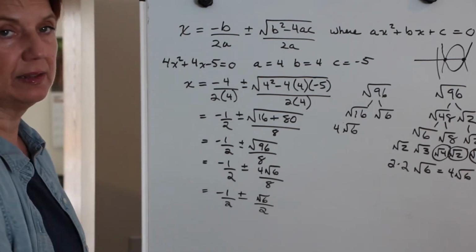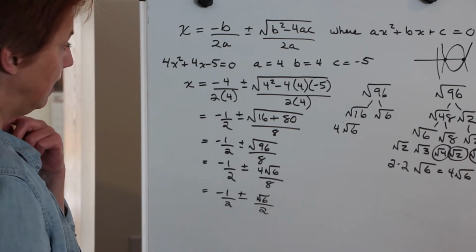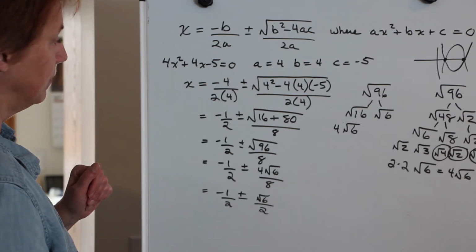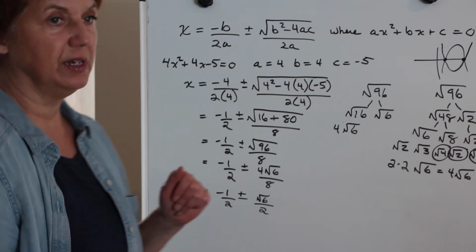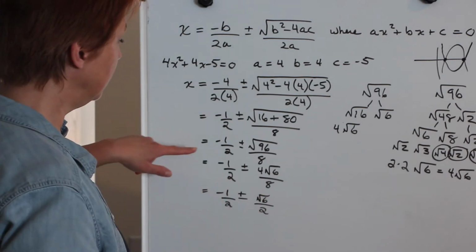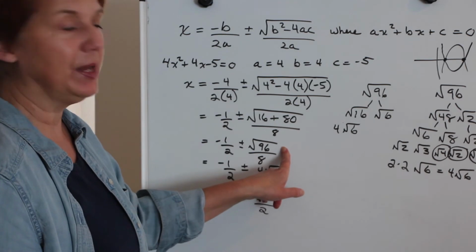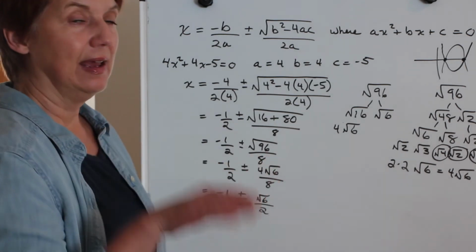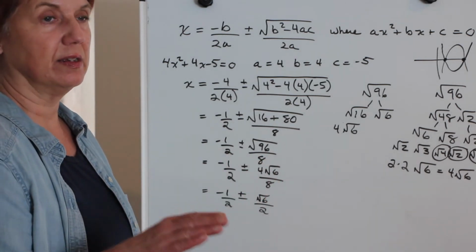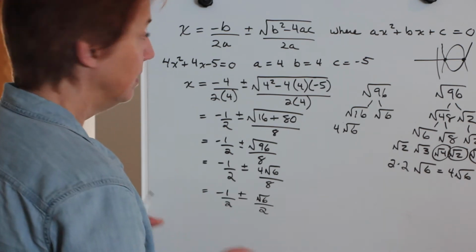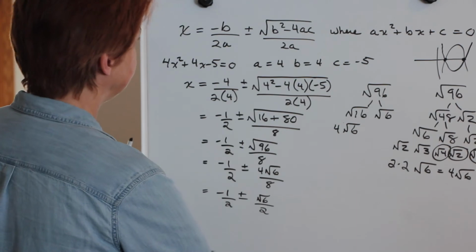And that's your final answer, you're done, okay? If you were asked for an answer to the nearest tenth or the nearest hundredth, you would just stop here and stick this in your calculator. But make sure that you get the square root of 96 before dividing by 8. Otherwise, you're going to get it wrong. Okay? That making sense?